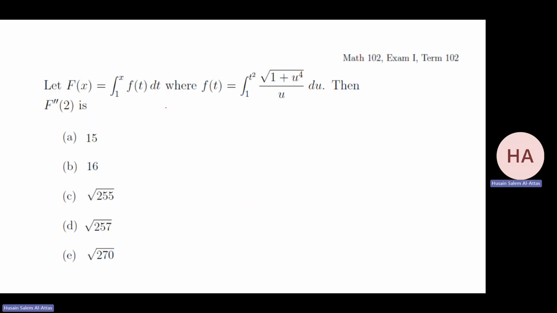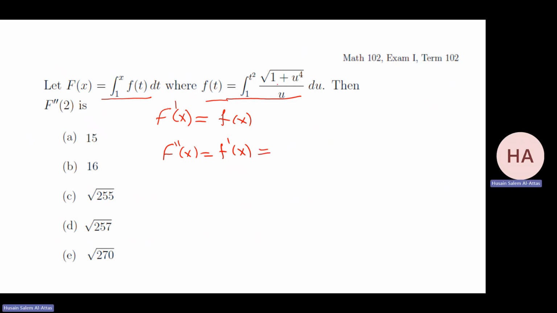Double prime. So I need to find first prime, first derivative. Using this, it will be f of x. Double prime will be f prime. Where I need now to use the calculus for this one. It will be what?